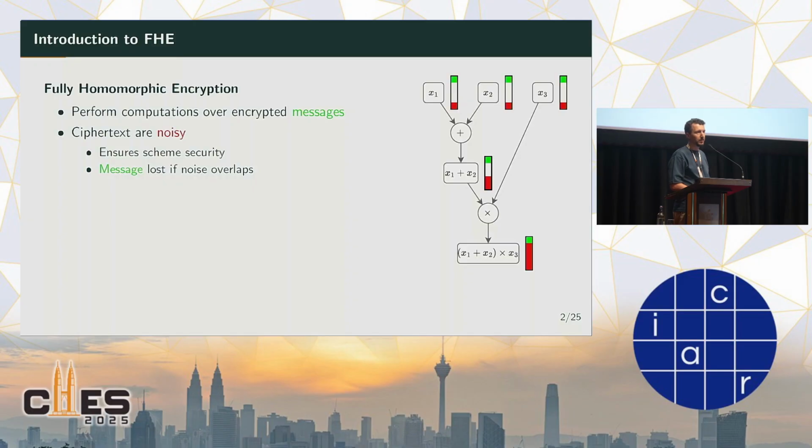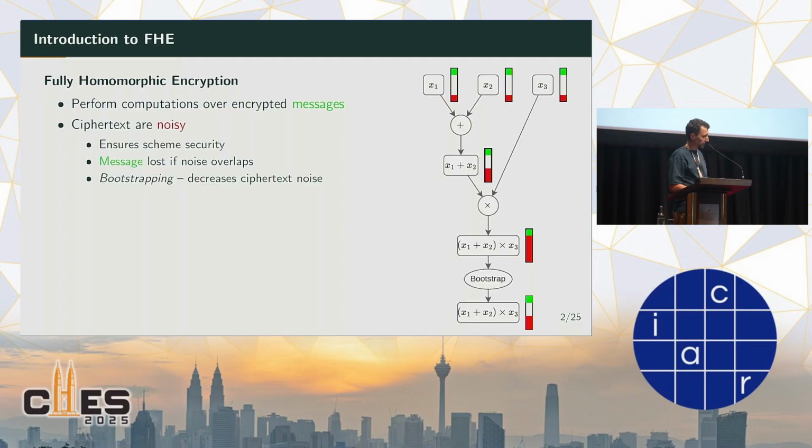So you are limited in the number of computations you can do. In order to avoid this, there's a bootstrapping procedure which will decrease the noise in the ciphertext to a level where you can continue the computations. So you do computations, you bootstrap, you do computations, you bootstrap.